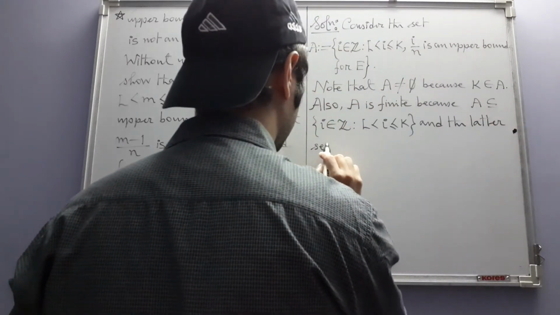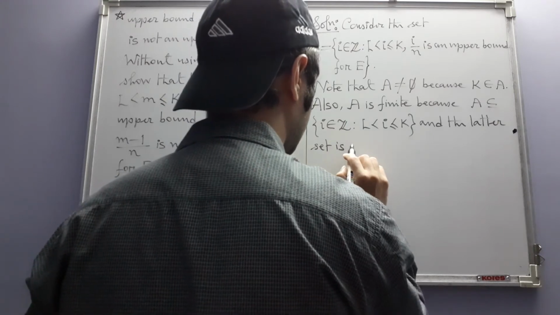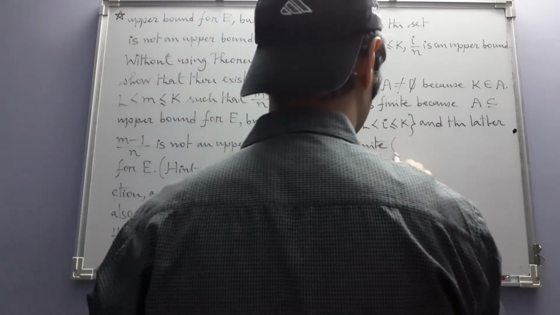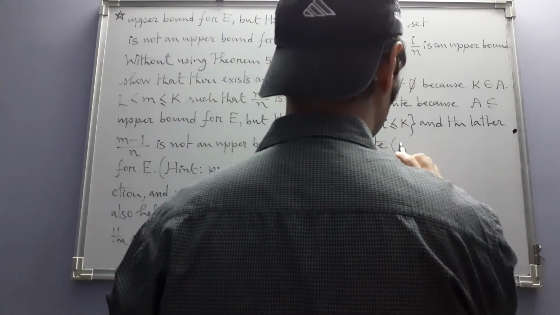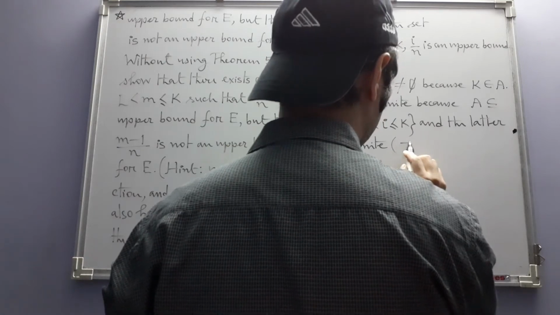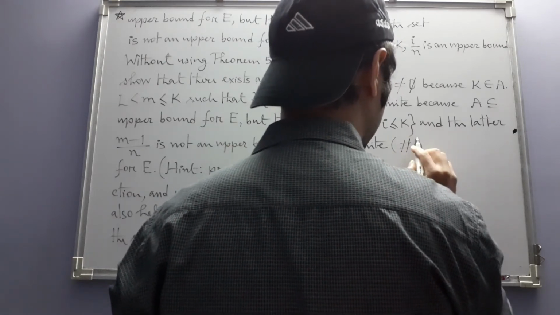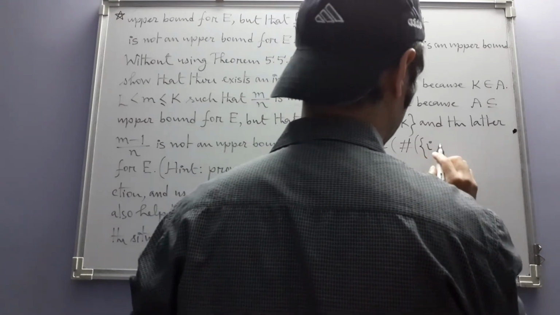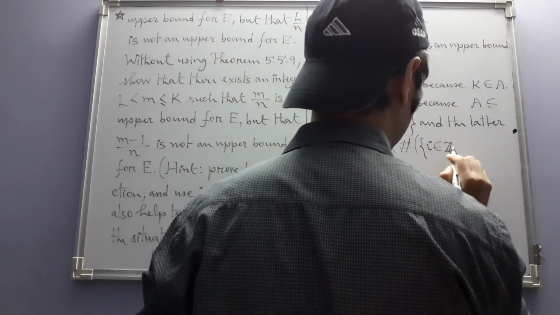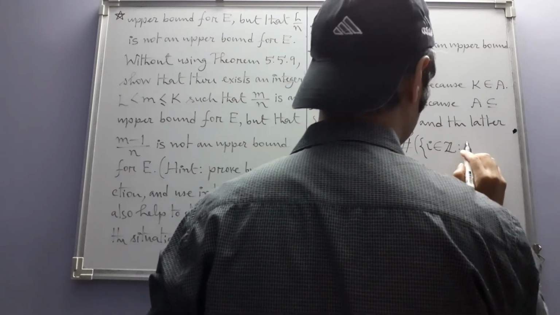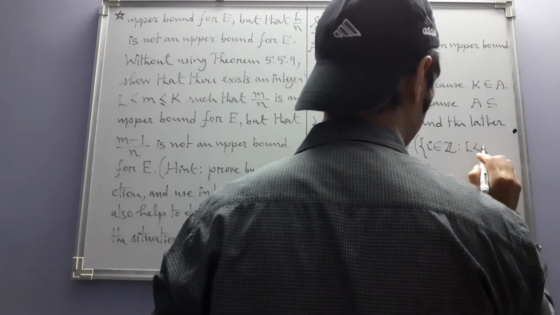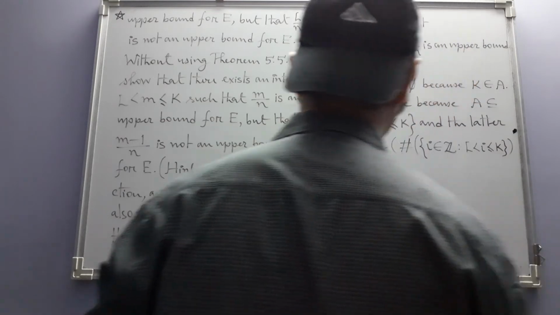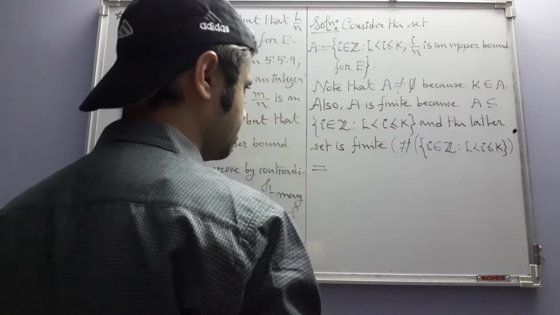And the latter set is finite. In fact, its cardinality is K minus L, which can of course be proved using the properties of finite sets that we have already seen in a previous chapter.